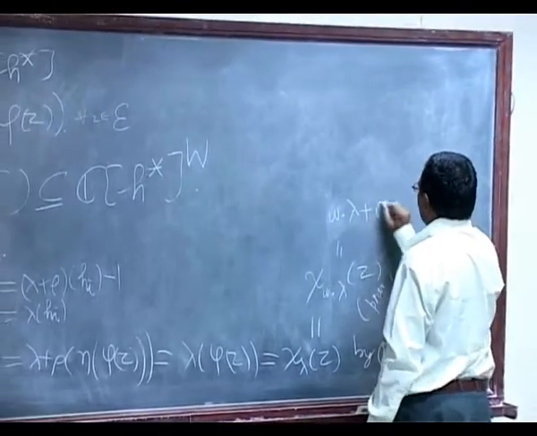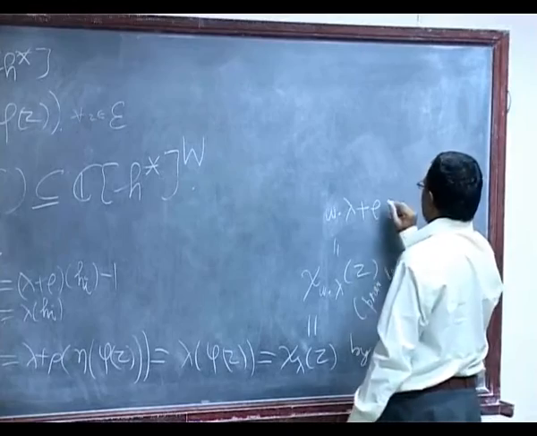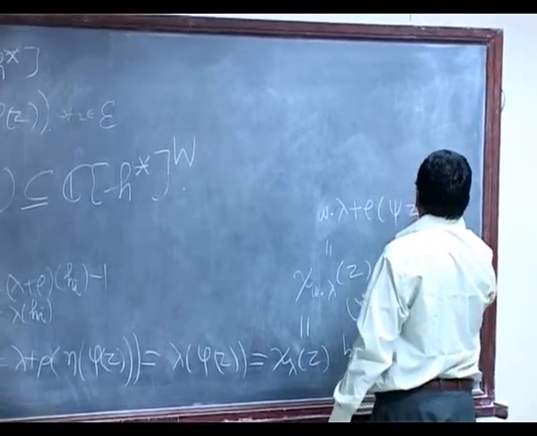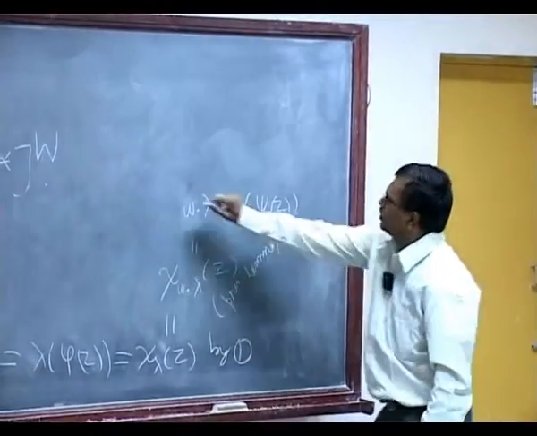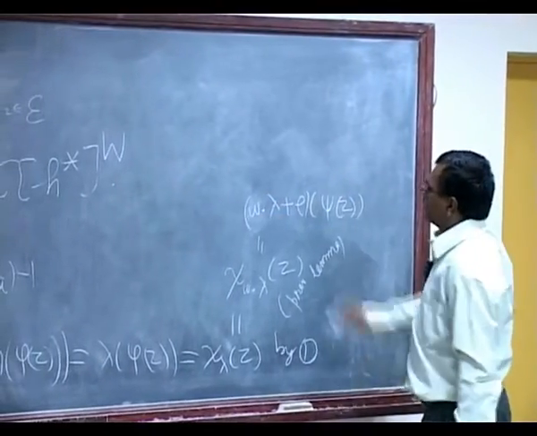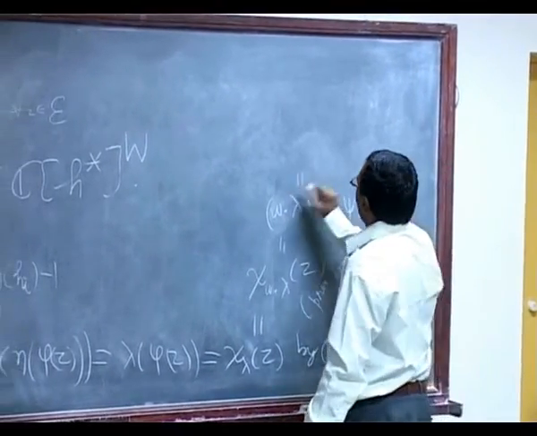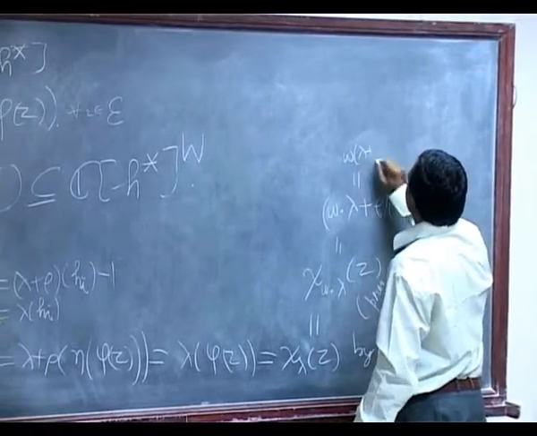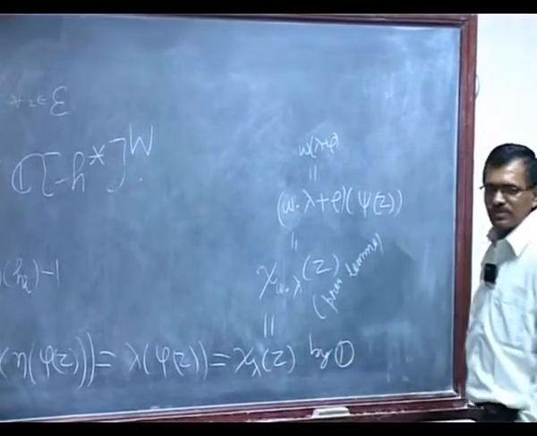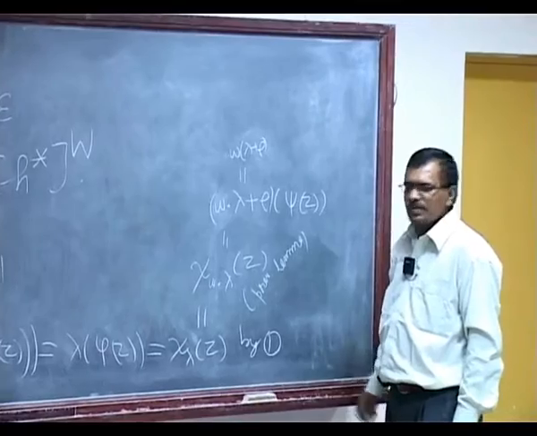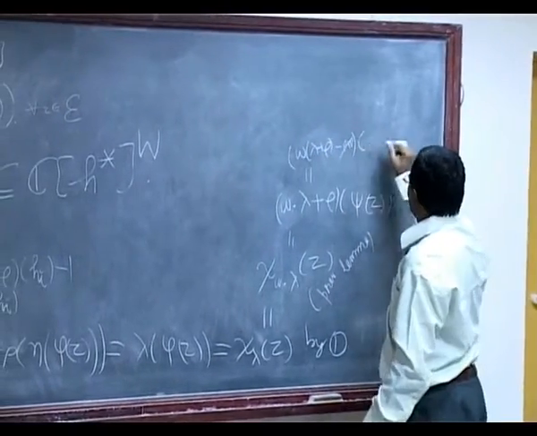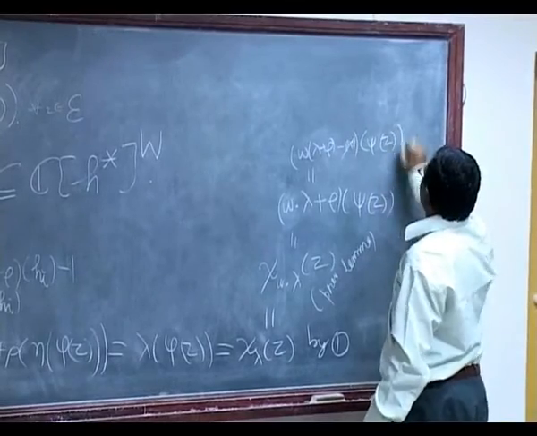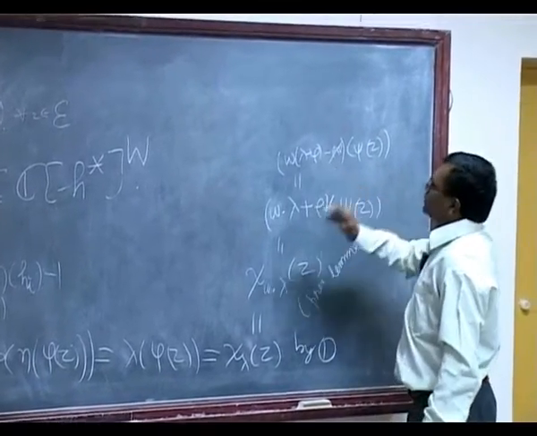So, plus rho of psi of z, the whole thing. But what is w dot lambda? This is nothing but w of lambda plus rho minus rho plus rho. So I ignore that minus rho plus rho, and then this is of psi of z. So what does it mean?